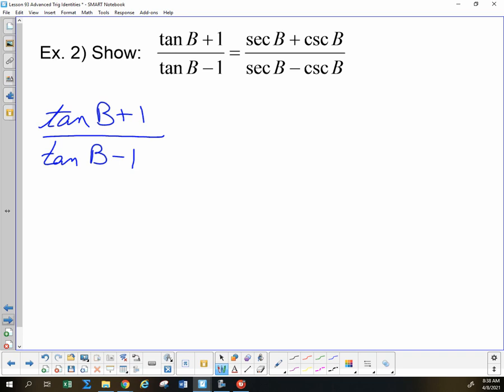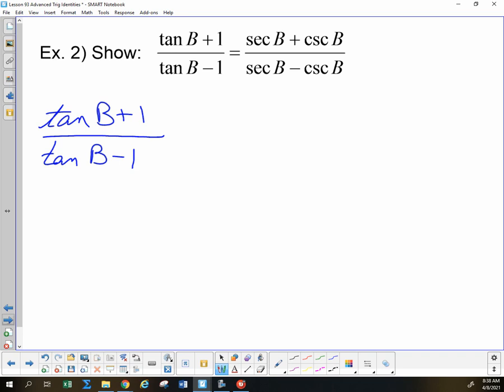So, let's see. Got a tangent there, and I want to get a secant. What am I going to do to get from tangent to secant? Not going to just give up. I'm going to keep thinking about it and trying some stuff.